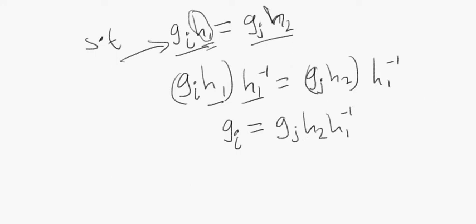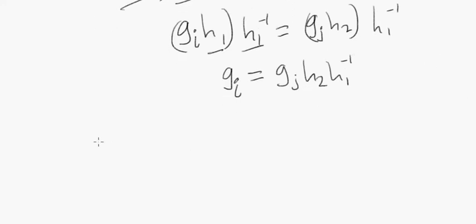Okay, so what does this tell us? It tells us that the coset GiH can actually be rewritten, since Gi equals Gjh2h1 inverse.